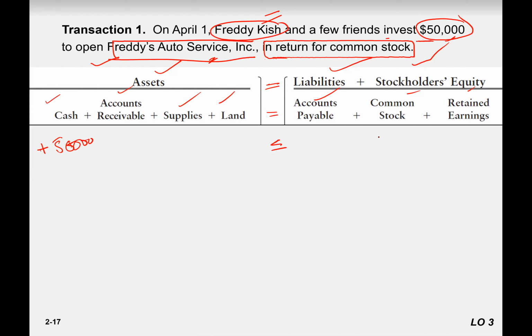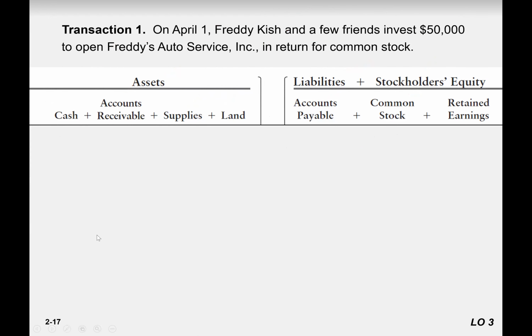The company issued common stock to the owners. So it means owners receive shares. The equation is balanced. Guys, understand? Okay, so the answer would be: since it's transaction 1, you write it down here as transaction 1.